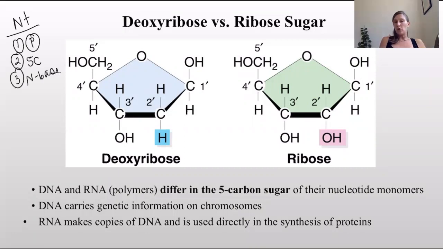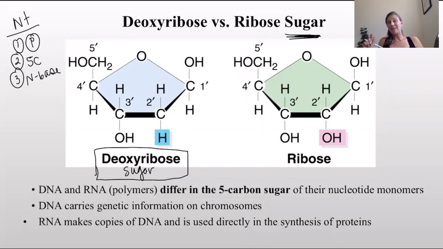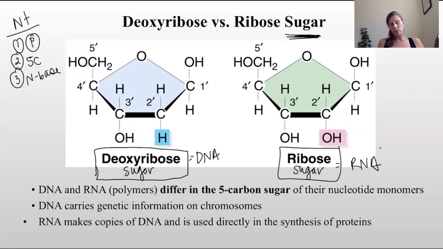If you look at the sugar, it comes in 2 forms, and that dictates what kind of nucleic acid it will be. If it has a deoxyribose sugar, then it will be deoxyribonucleic acid, or DNA. And if it has a ribose sugar, that will tell you that it is RNA, or ribonucleic acid.